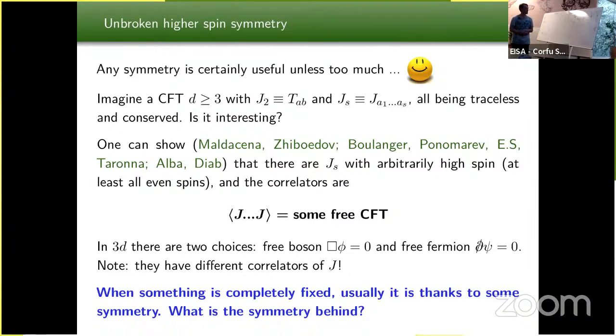So essentially, in dimension 3 or greater, having a higher spin current means that your CFT is a free one, and you have infinitely many of these. So any symmetry is certainly useful unless too much. In this case, higher spin symmetry is way too much because only free conformal field theories survive so many symmetries.